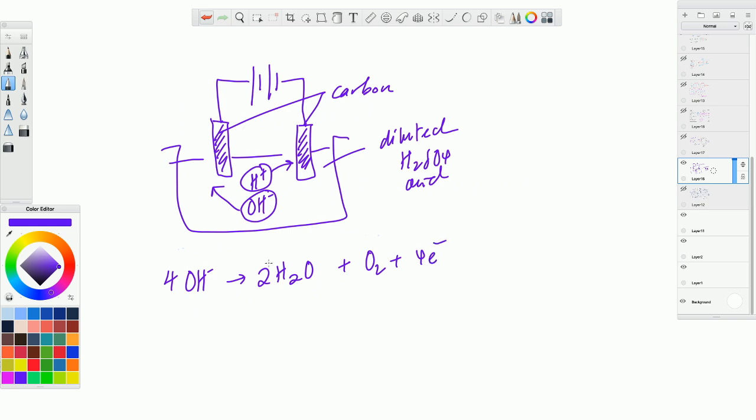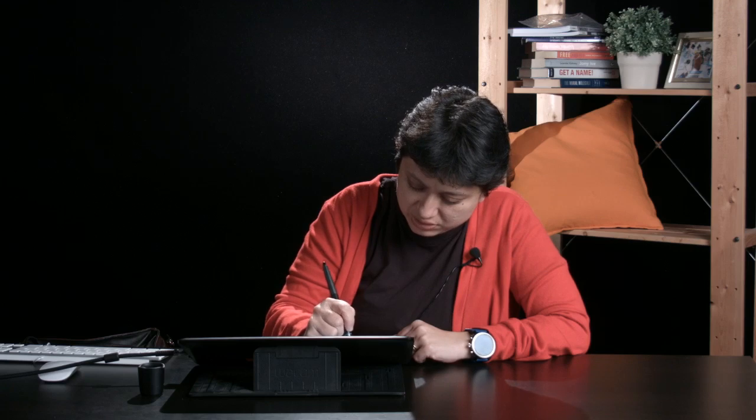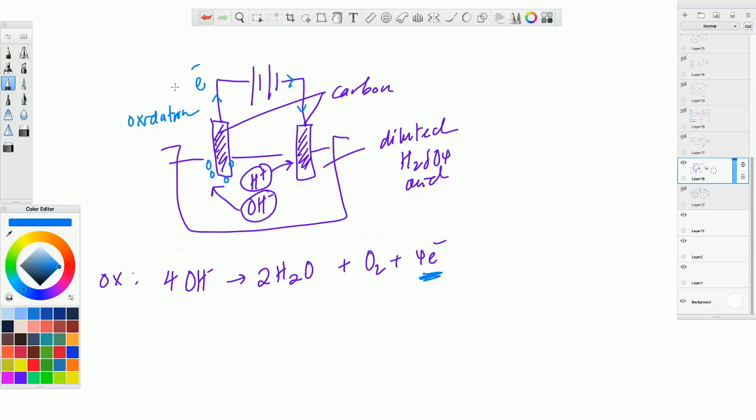Okay, so this is oxidation. This happens at the anode. The electron transfers. It releases the 4 electrons to form oxygen gas. The electron transfer from here to here. So this side is oxidation. Anode is oxidation. Okay? Over here, who is discharged?